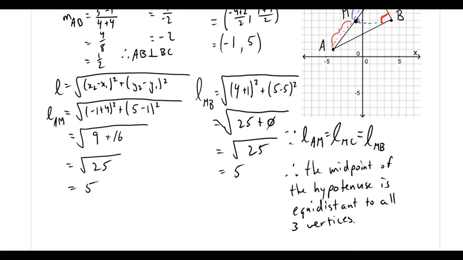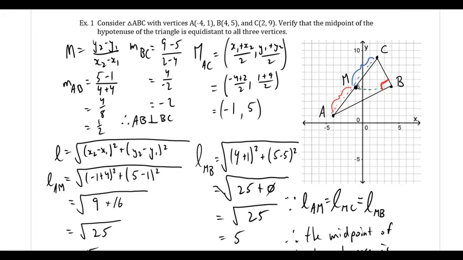Any other questions? So just to go back over it, we graphed it. We kind of figured what the hypotenuse was, but we had to find two slopes to prove where the hypotenuse is, so that we could find the midpoint of the hypotenuse, and then find a couple of lengths just to compare the length of the midpoint to vertex C or vertex A, and the midpoint to vertex B. And now I know each one of those distances is 5.